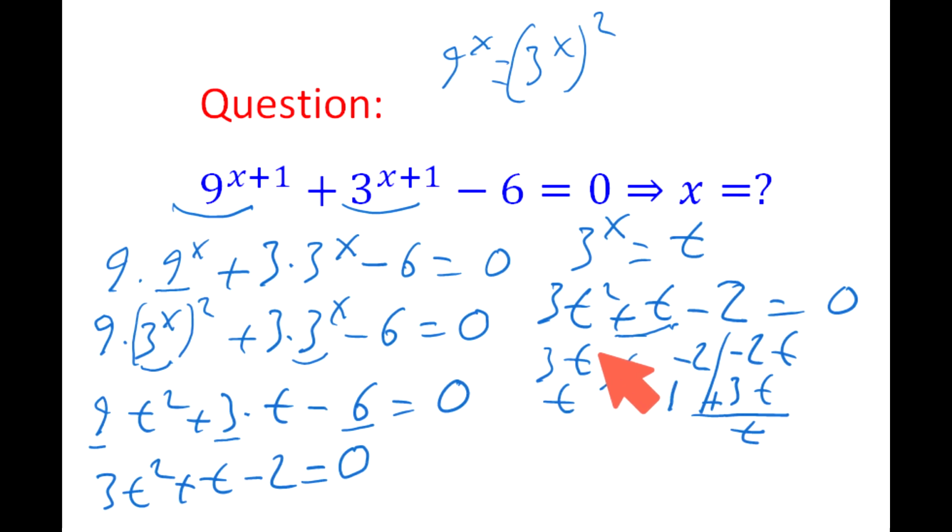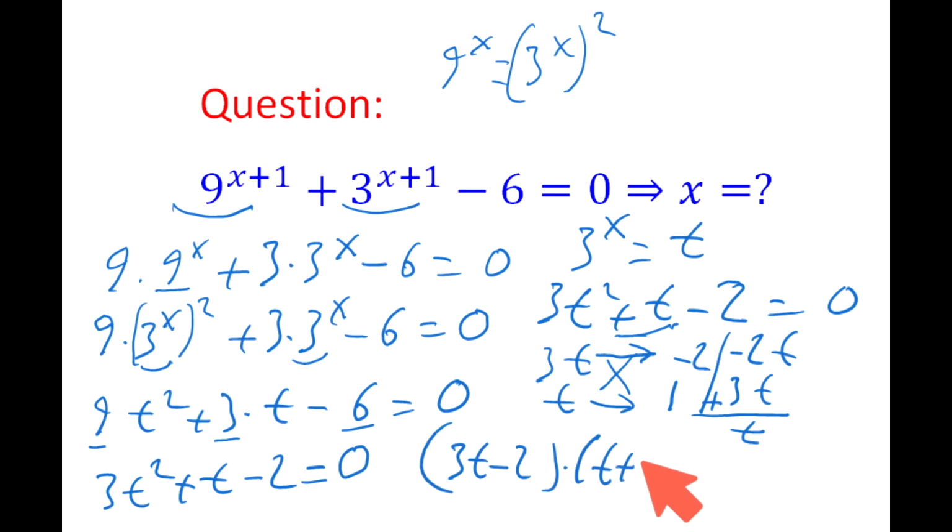That means, guys, we can write these expressions in this order. So in other words, 3t squared plus t minus 2 can be written, at the same time, as 3t minus 2 times t plus 1, which is 0, guys.